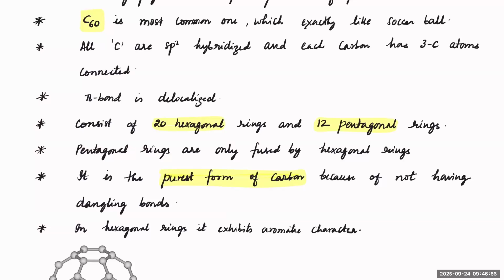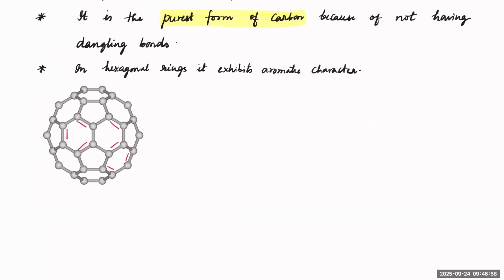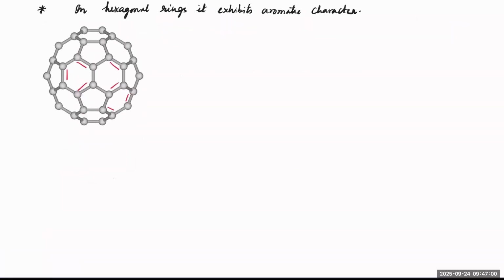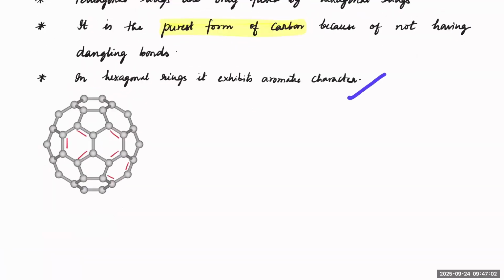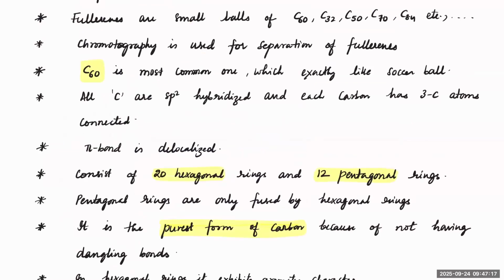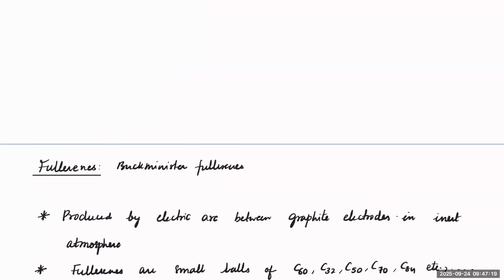Any doubt? You can see how many hexagonal rings exhibit, and all the hexagonal rings here exhibit aromatic nature like this. So this is the basic idea you need to have from group 14 onwards. Clear?